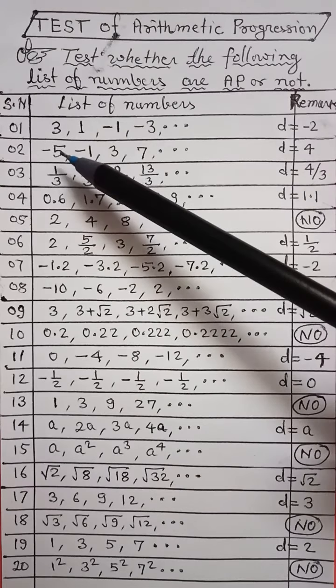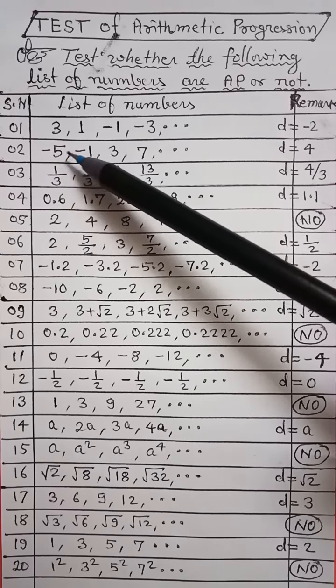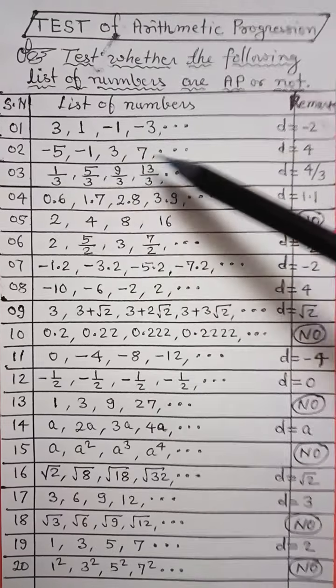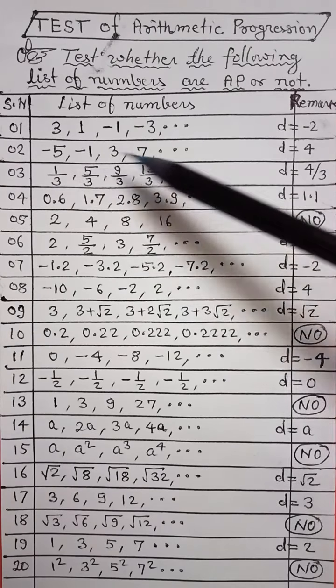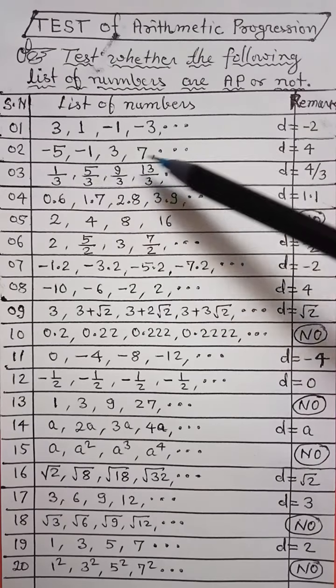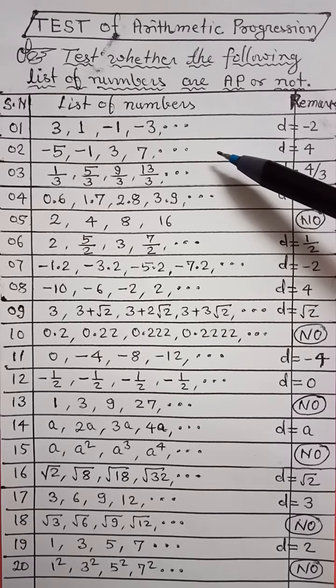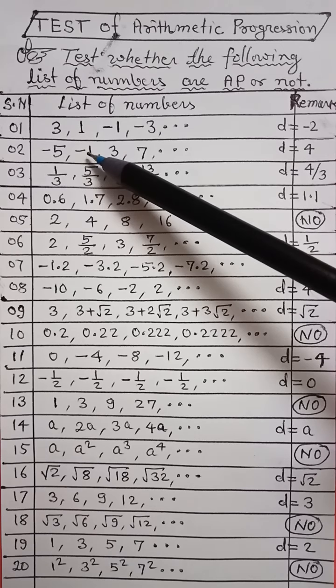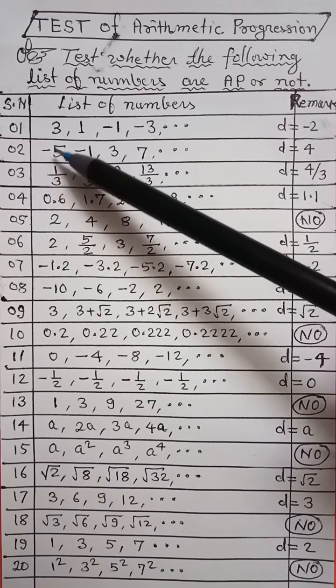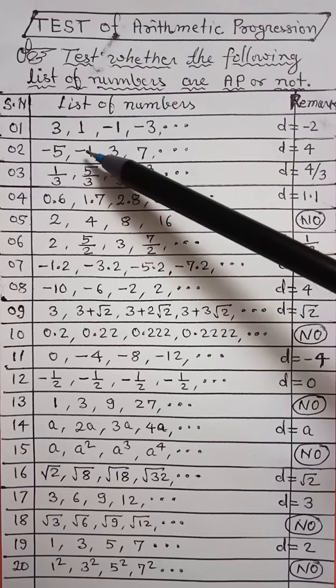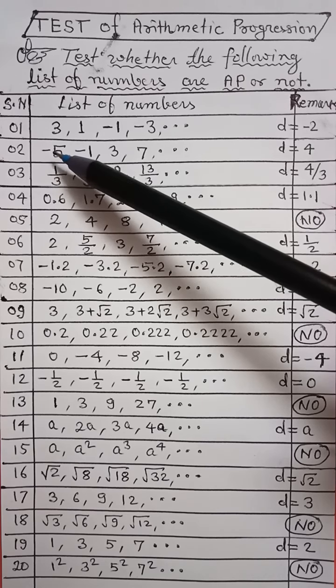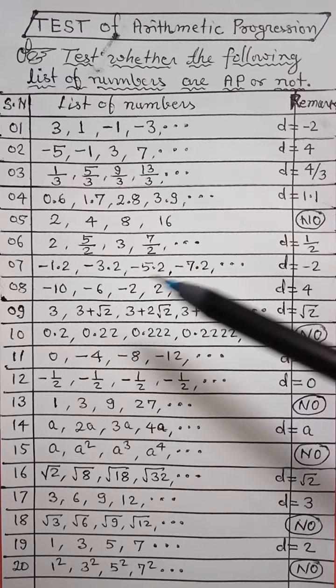Now let us look at the second example here. This is a list of numbers and therefore it is a sequence arranged serially. Now here -1 minus of -5, that means -1 plus 5, that is 4.